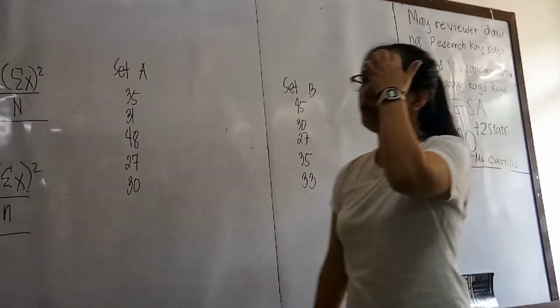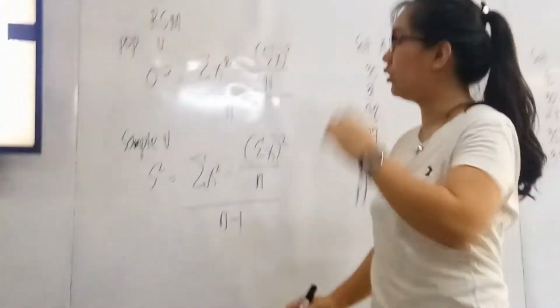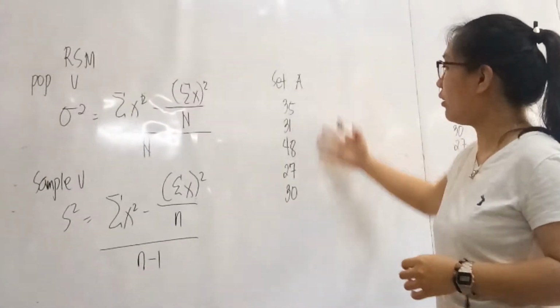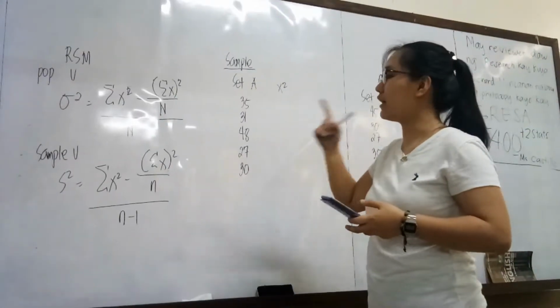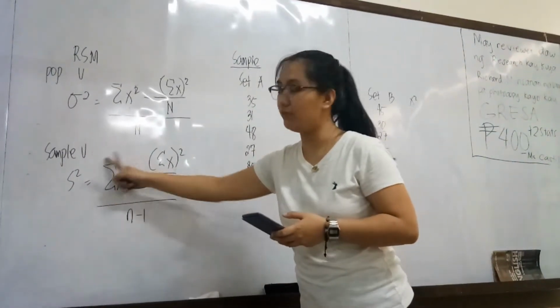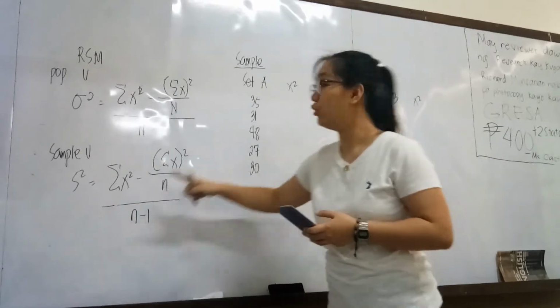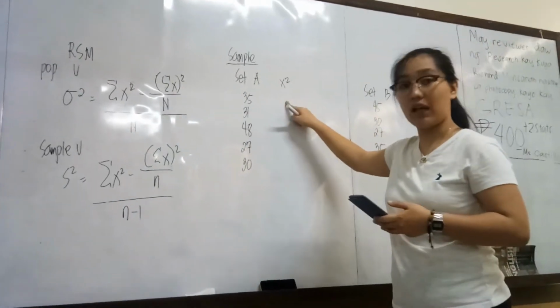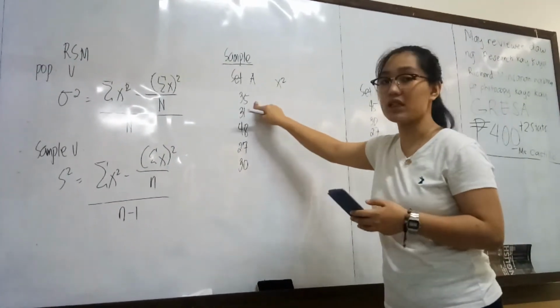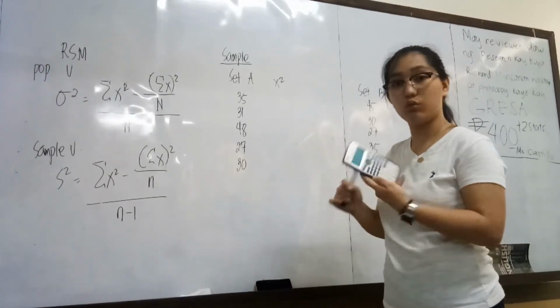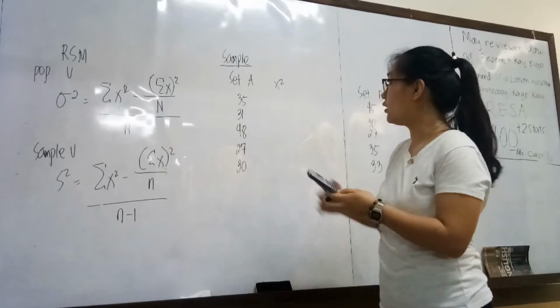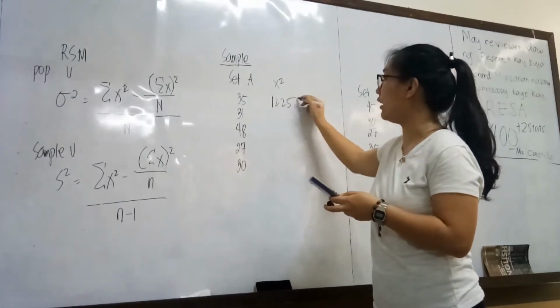Okay, so on our equation, what we're going to do first is get your summation of x raised to 2. So you square each and every value starting from your first data. We have 35 raised to 2 using your calculators, so we have 1225.